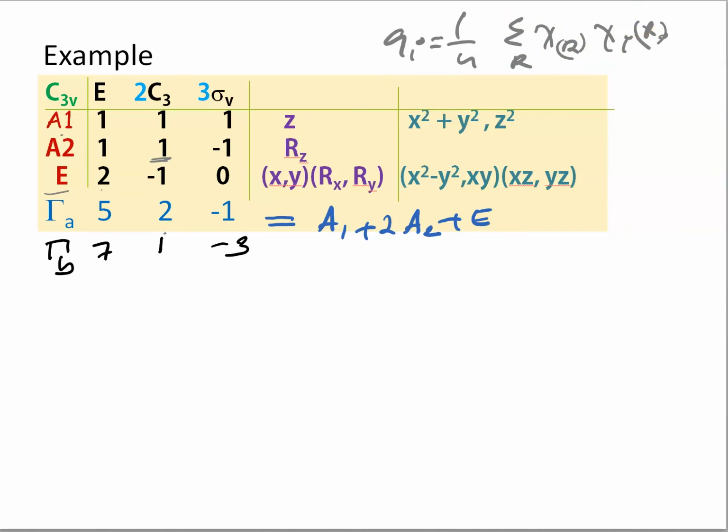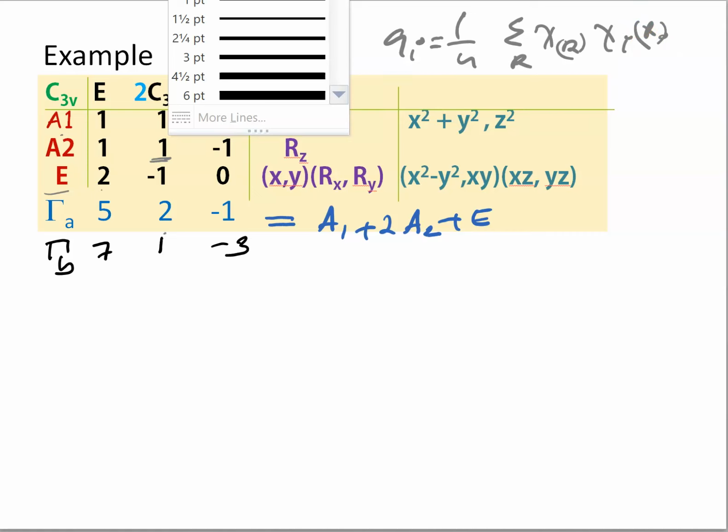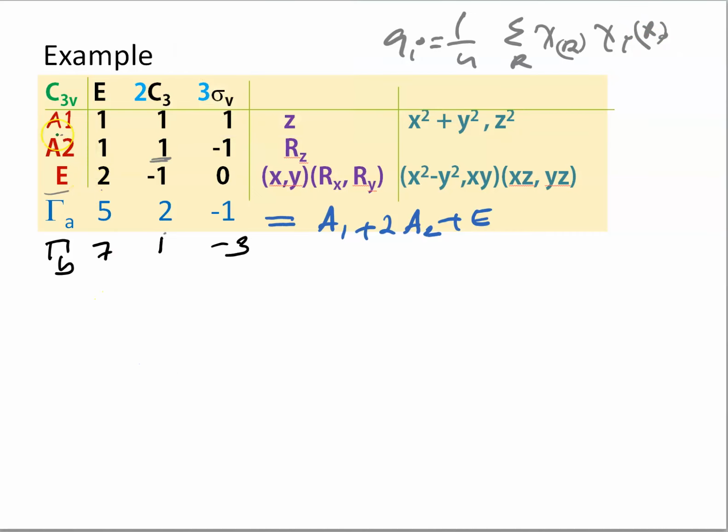Okay, so first we are finding the number of times A1 is present in gamma B. N A1 is equal to 1 by h, that is 1 by 6. Order of the C3v point group is 6. 1 by 6 into 1 into character of the reducible representation 7 into character of the IR A1, we are considering A1, therefore here 1. That is the first element.